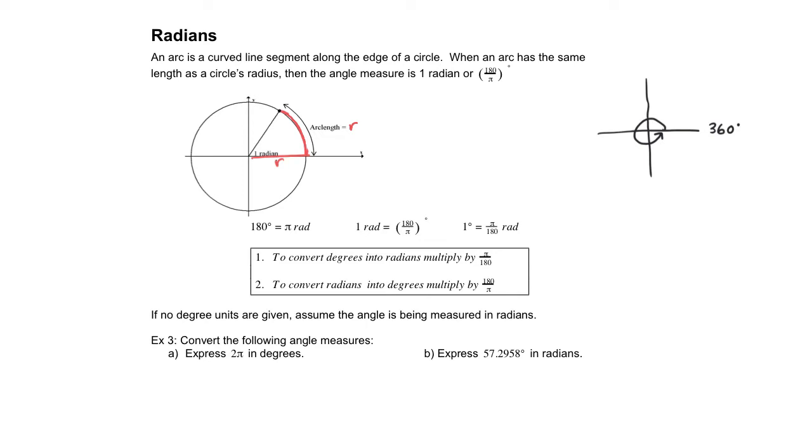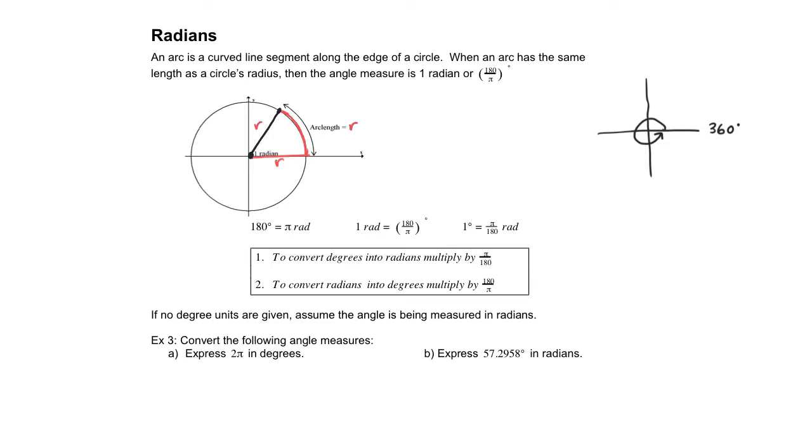Now, if I draw another line that connects the center of my circle with the end of that arc length, it's going from the center out to the edge, so that also is an R, a radius.